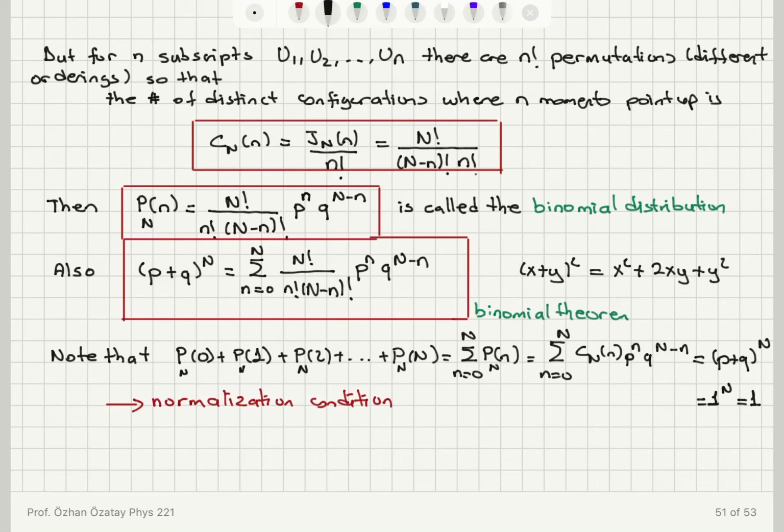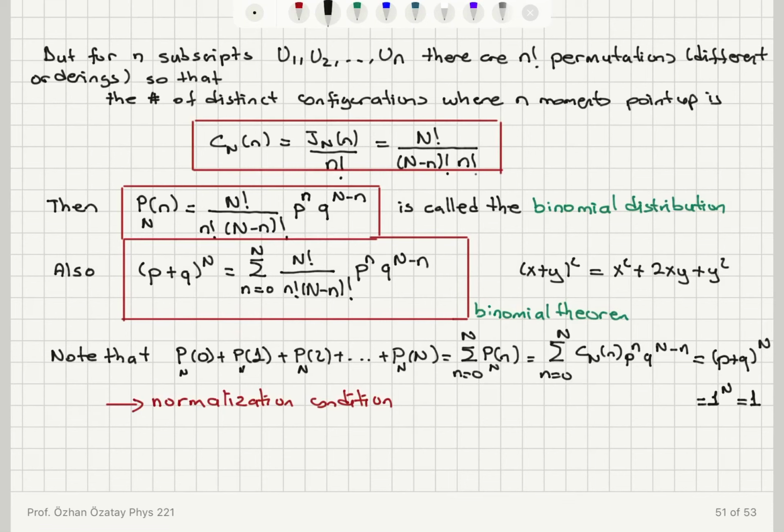And why is it the binomial distribution? Because if you are adding two numbers to the power N, p plus q to the N, that is given by the binomial theorem as N factorial over lowercase n factorial capital N minus lowercase n factorial, p to the n, q to the N minus n. For example, x plus y squared is given by this theorem.